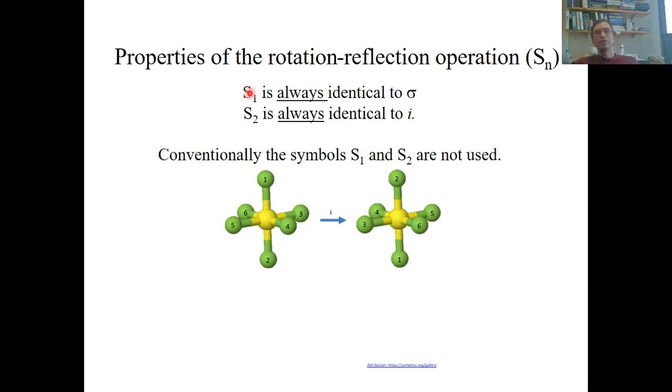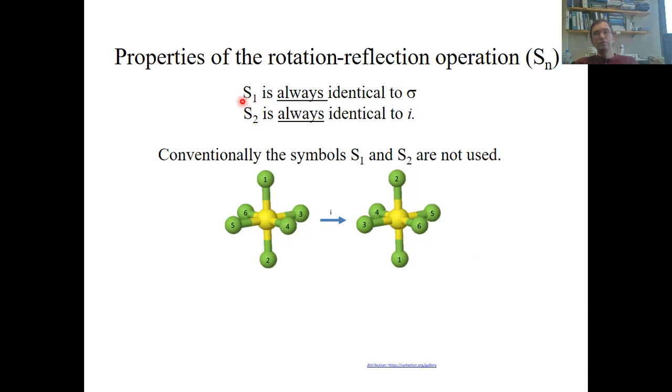This is because when the order is 1, then that means that we rotate around an angle of 360 degrees, and that is as though we would not rotate at all. So in sum, we actually only reflect, and that's the same as what a regular mirror plane does.